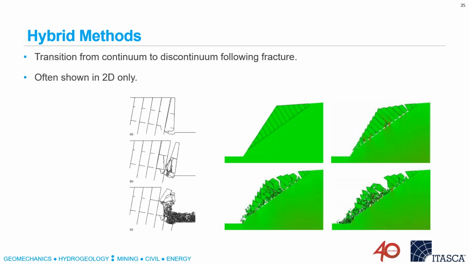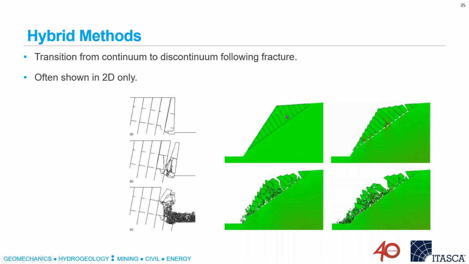Hybrid methods have been around for quite some time. And what they are, these are methods that allow a transition from a continuum model to a discontinuum model due to internal fracturing within the model.